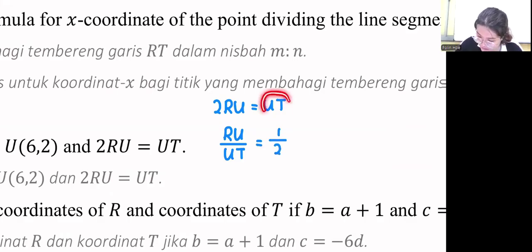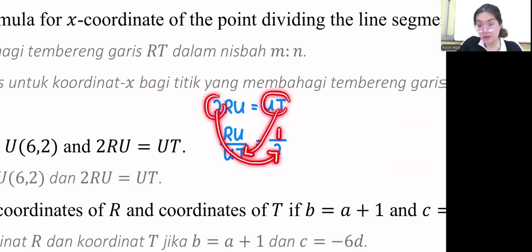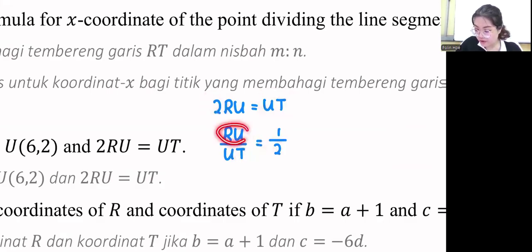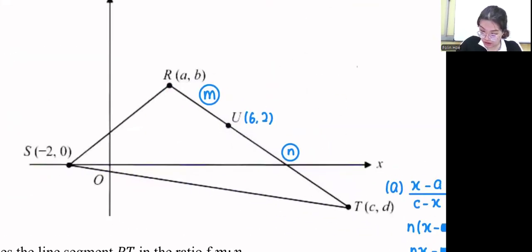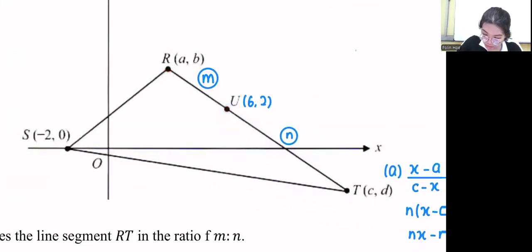When I move this down, I'm left with 1. And then this one, I move the other way. So the ratio for RU will be 1, and the ratio for UT will be 2.